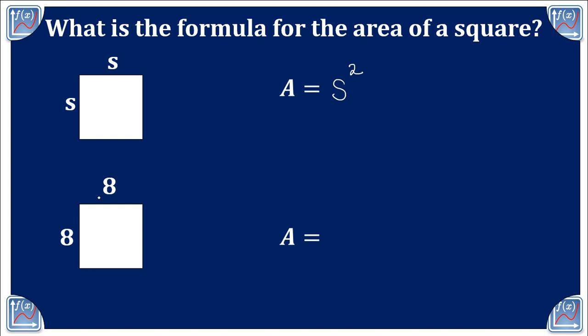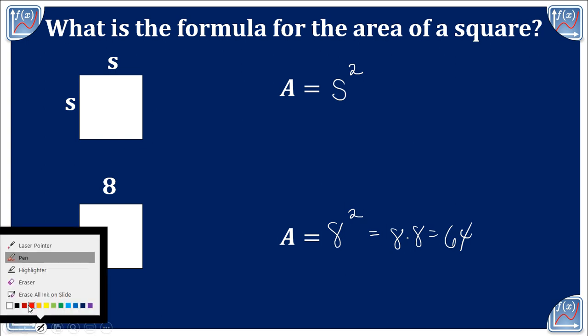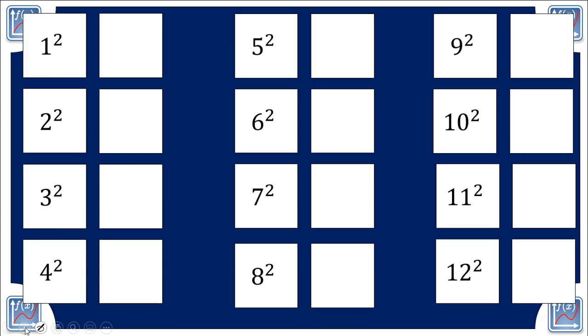So in our example, if we have the square that has dimensions 8 by 8, 8 lengths all the way around, the side length is 8, and then we have 8 times 8, so the area is 64. So let's get a different color here. So the area of this square is 64. So the area of squares are perfect squared numbers.